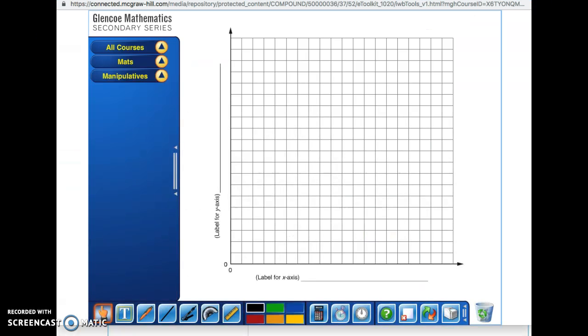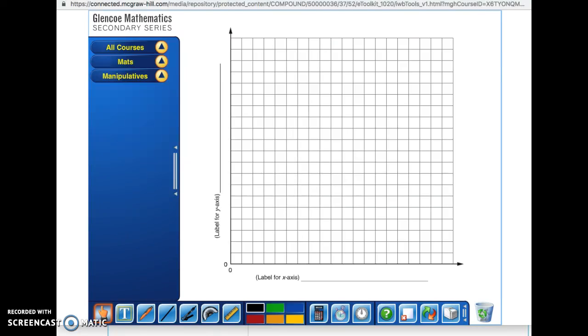All right, sorry, I wanted to get a blank graph so that we can walk through this example together. So in example 1, it says construct a scatter plot of the number of viewers who watched new seasons of a certain television show. So in that table, we have seasons, and then we have viewers in millions. Our first column is going to be our x's.